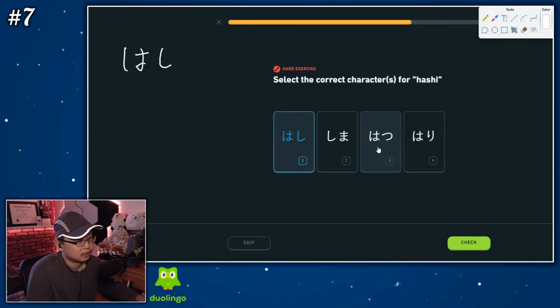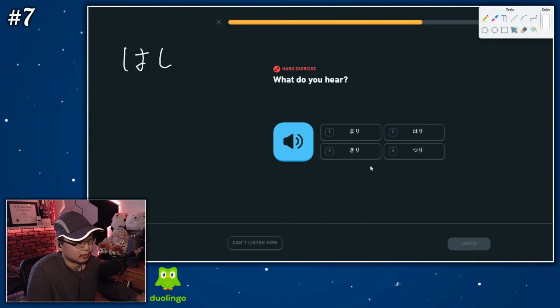It's probably just hatsu. Oh, sorry, hatsu. A little bit stronger, hatsu, instead of running this really down, right? Hatsu. And then Ari rolls right off the tongue. Hari, right? Hari. Let's write Hari.